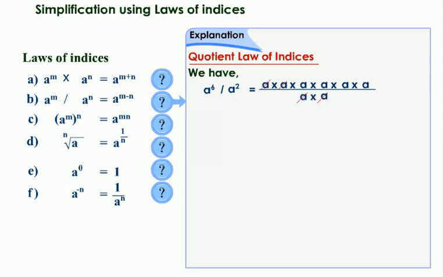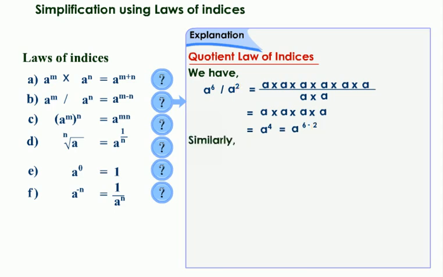After simplification, we get a into a into a into a. That is equal to a to the power 4, which can be written as a to the power 6 minus 2.